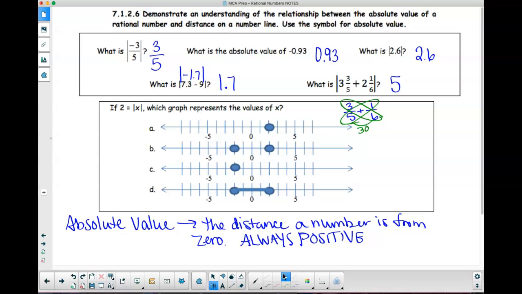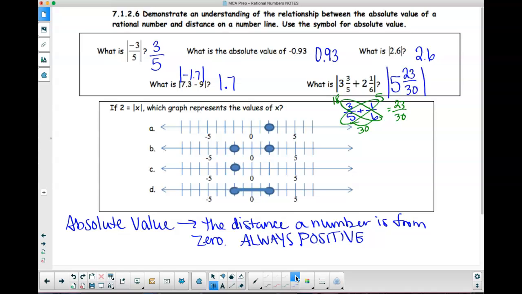So 30, 6 times 3 is 18, 5 times 1 is 5, so we can add 18 plus 5 is 23 over 30. So our answer is 5 and 23/30.